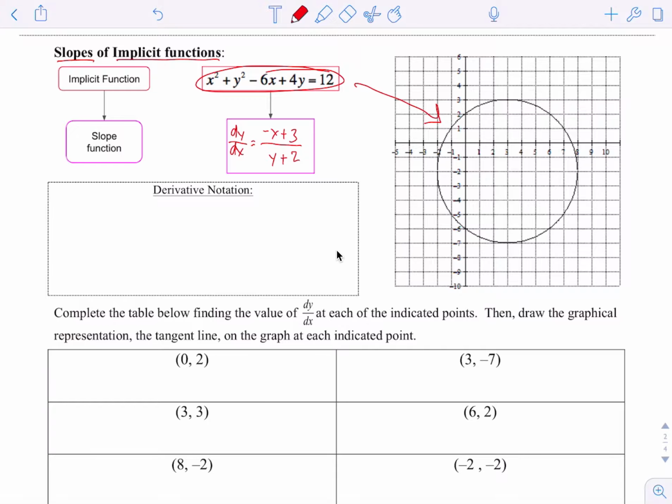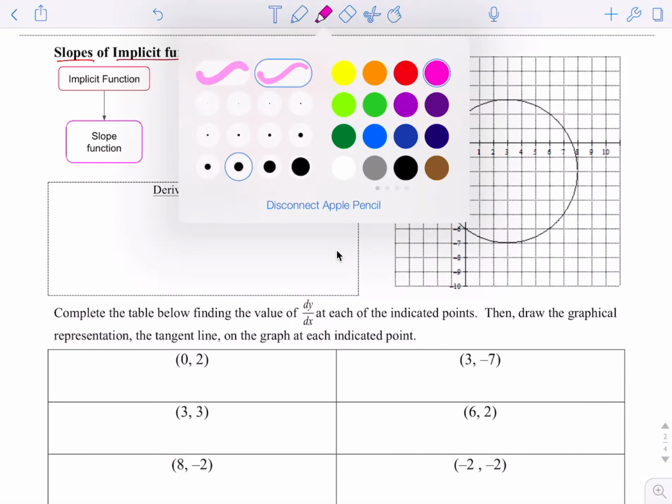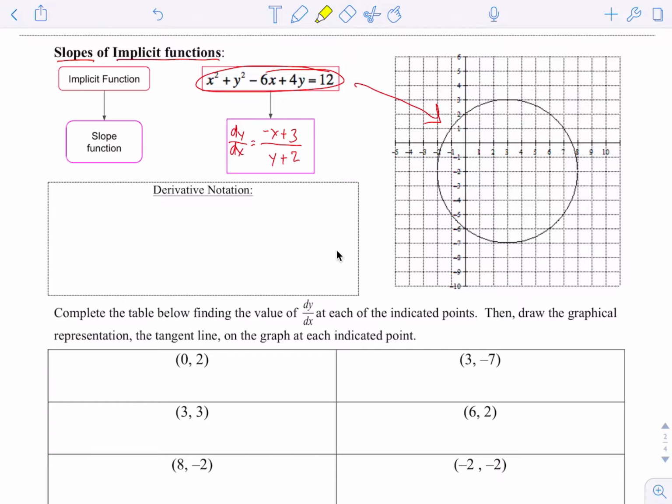Okay. Now, this is the first time you're seeing a derivative equation that has both x and y at the same time. That's a little strange. And this might also be your first time really seeing dy dx as well.